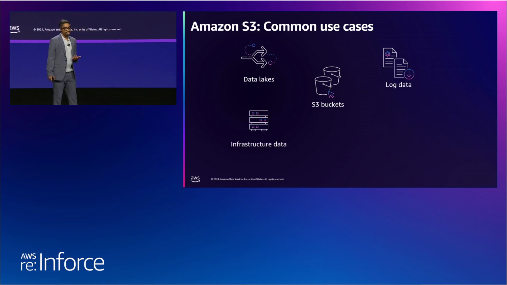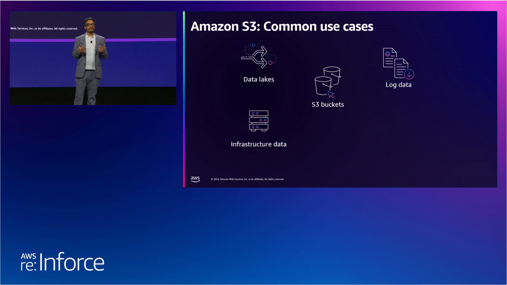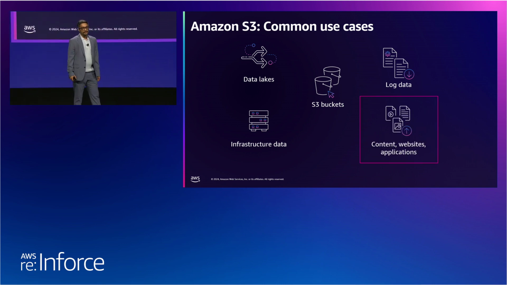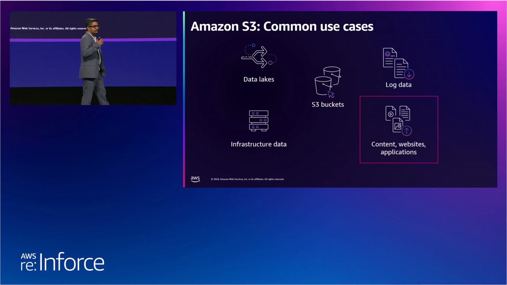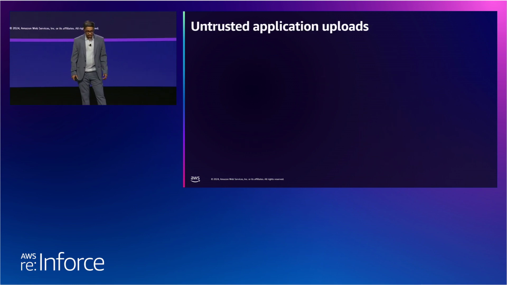We see customers using S3 as part of the data pipeline and storing infrastructure-related data. But we also see customers having applications and content websites that accept data from external sources. And we don't know whether the sources can be trusted or even the data that's uploaded can be trusted or not.